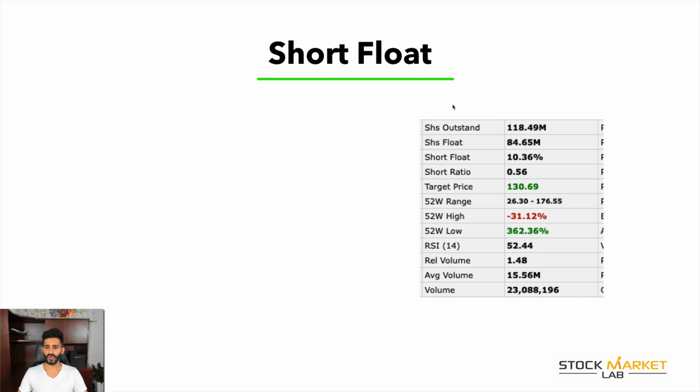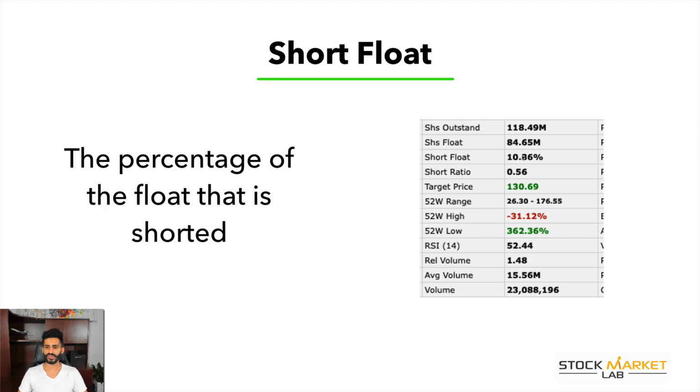So short float shows us the total amount of shares that are shorted. It gives us the percentage of the float that is shorted. In this situation, it's 10%. That means that out of this 84 million shares of the float, 10% are shorted. 10% of that, people are assuming that this stock is going to go down, or 10% of the total float is the amount of people betting against this stock.